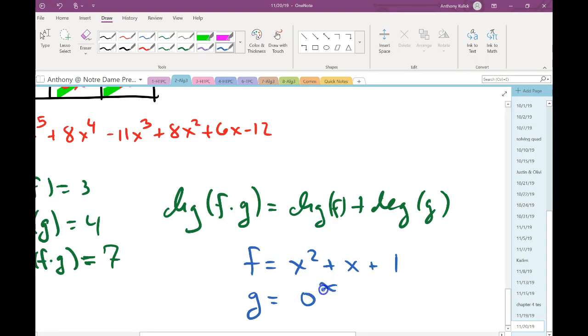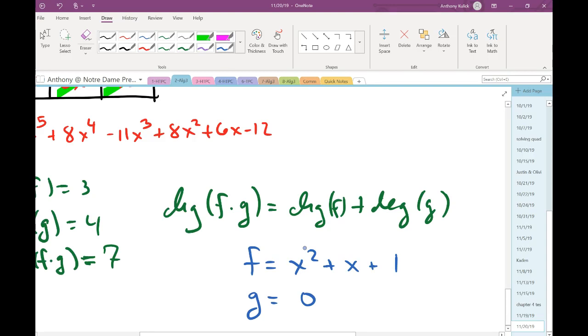But if we don't count 0 as a polynomial, then we're good. As long as we throw out the 0 polynomial, or if we just say f and g are non-zero, then it is always true. So for our practical purposes, this is always going to be true.